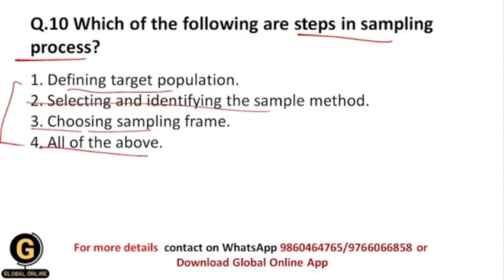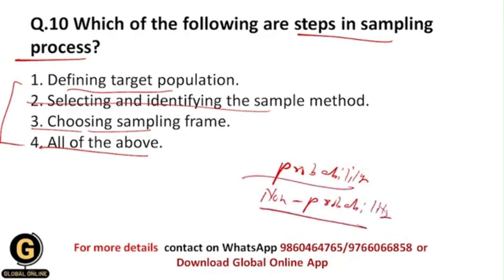So first of all, we need to define the target population, which is the most important step, and after that we need to select the sample from the population, and for that we need to identify which type of sampling method we need to choose, whether we need to choose probability sampling method or non probability sampling procedure.